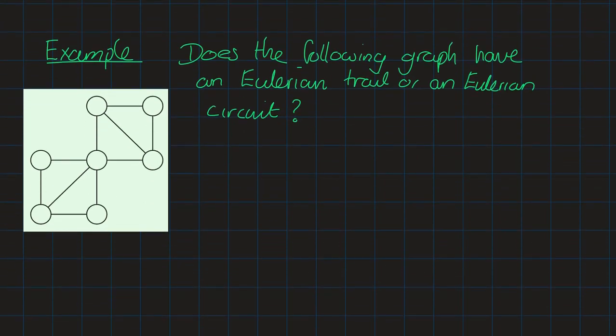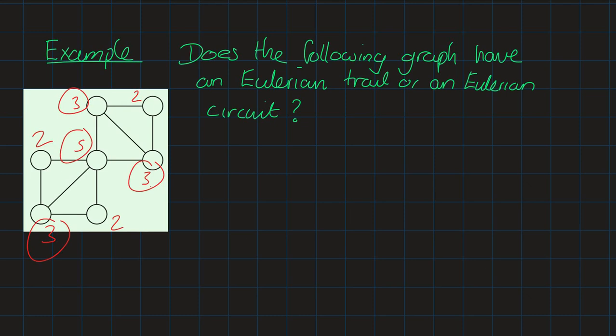This example right here. The question is just, does the following graph have an Eulerian trail or an Eulerian circuit? Or maybe neither. Sometimes it has neither, and that's okay. So what you do is you just work out the degree of all the vertices. This vertex here has degree 3, 2, 2, 1, 2, 3, 4, 5, 3, 2, 3. Now think about which ones of these are odd. That's 1, 2, 3, 4.